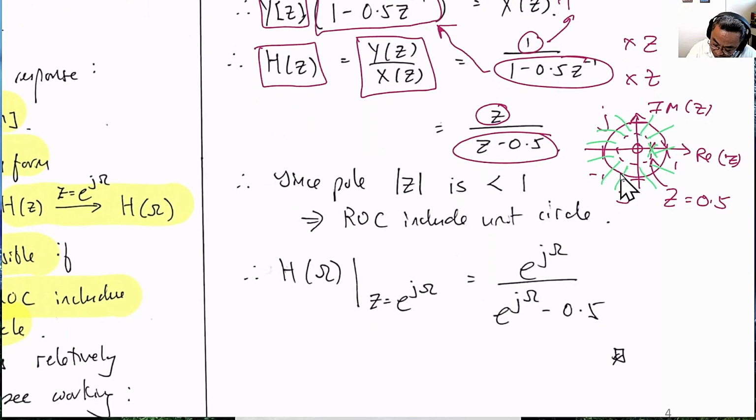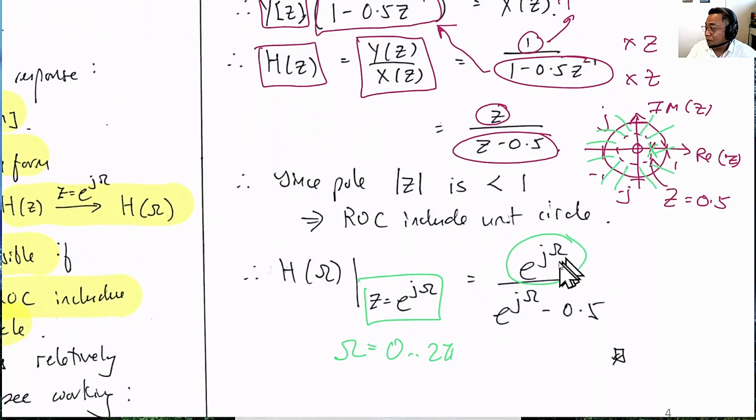You realize that when we substitute the values of the unit circle, what is the unit circle? It is nothing but a radius of 1 with omega going from 0 to 2 pi, and this is it. So when we substitute z equals 1 e^{j omega} for omega equals 0 to 2 pi, then we are saying these values here.